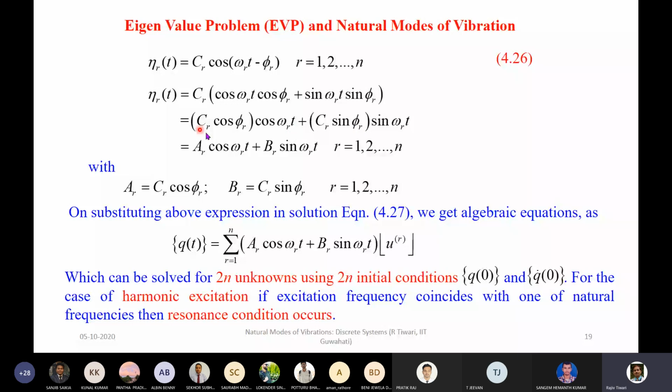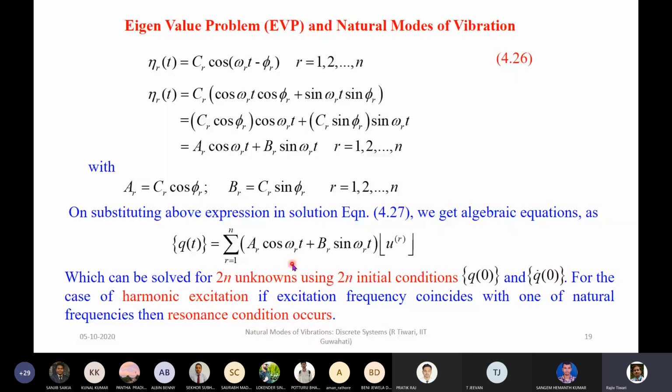If I define Cr cos phi r as Ar and this as Br, eta r can be written in this form. So again we basically have two constants, Ar and Br, which are related with Cr and phi r like this. So either we can use Cr and phi r or Ar and Br. Now this eta we can substitute in this particular form in the previous solution.